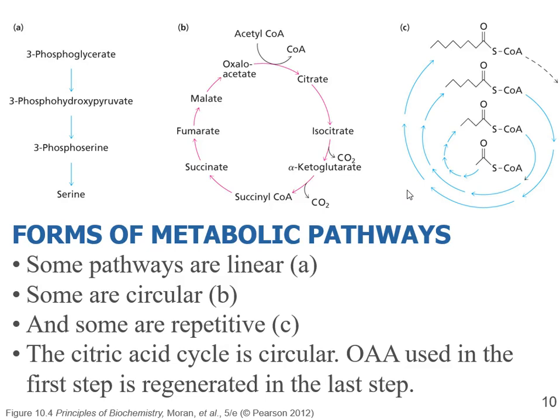We'll talk about that in chapter 17. So today, we'll focus on circular pathways. The citric acid cycle is circular, and we will begin and end with OAA, or oxaloacetate. Oxaloacetate is used as a reactant in the first step, and it will be regenerated in the last step.